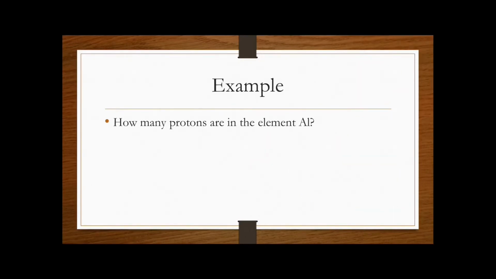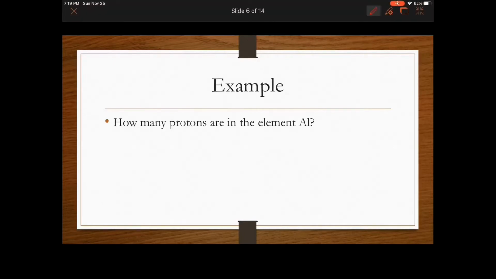All right, the next thing we're going to do is do an example. So, how many protons are in the element Al? If you don't know what Al is, this is aluminum. Okay, and aluminum has the atomic number of 13. Atomic number equals 13.